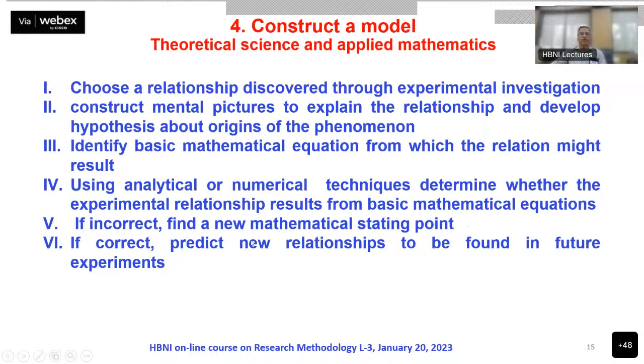And if correct, predict the new relationships to be found in future experiments. So you can give a new theory that this behaves this way, not the one published in the literature. I'm sure that many of the theoretical physicists and applied mathematicians are using this kind of research tools.